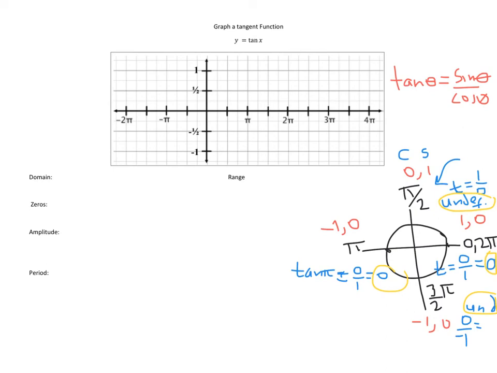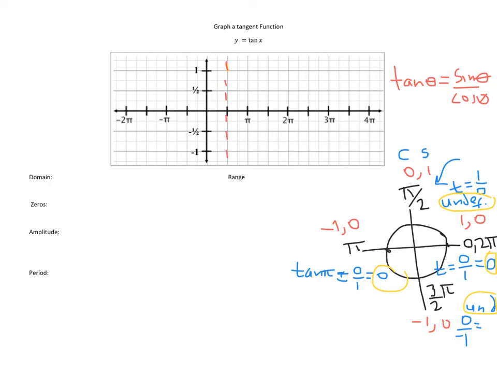So because tan can never be that value, this graph is undefined at pi over 2. So at pi over 2, I'm going to show that with a dashed line. So that's going to be an asymptote.